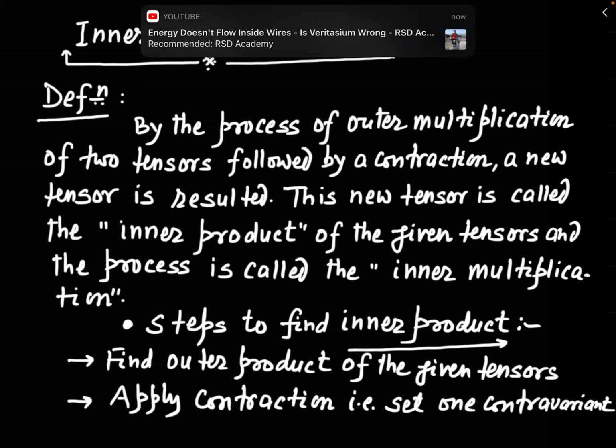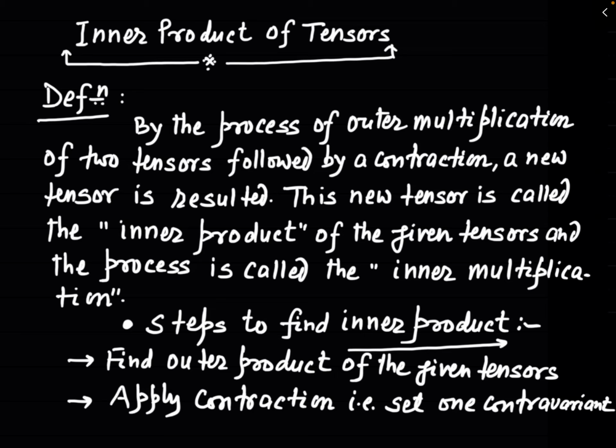We have seen that the multiplication of tensors is of two types. The first one is known as outer product of tensors and the second one as inner product of tensors. And in the first lecture on multiplication of tensors, you have discussed the outer product of two tensors or more than two tensors.